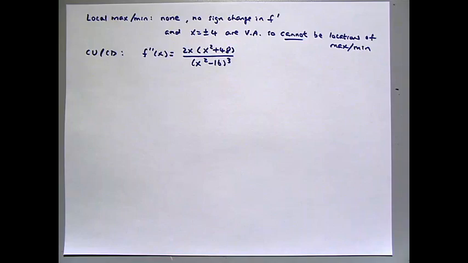You get that by applying the quotient rule one more time, and you have to use the chain rule at some point to get to here. But simplified, that's what the second derivative will end up looking like.